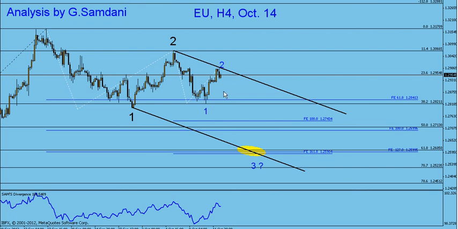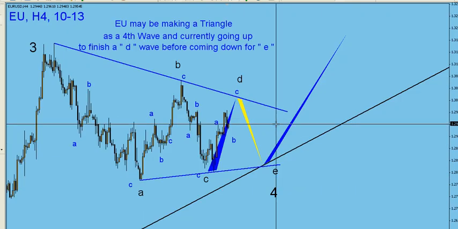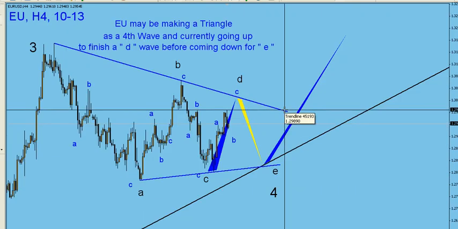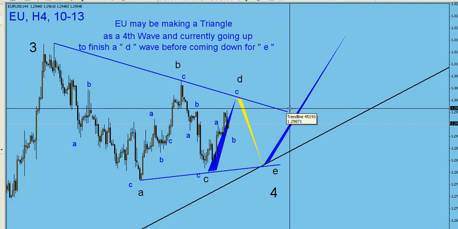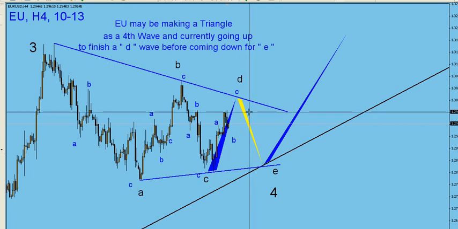Okay, even if we come down for this last leg, the butterfly and the Gartley scenario will still be intact, because as long as we stay above this, this was our C point. So X, A, B, C, then you have 1, 2, 3, 4, 5 goes to the point D. That's perfectly fine. So this triangle scenario is also going with the harmonic butterfly or Gartley pattern.